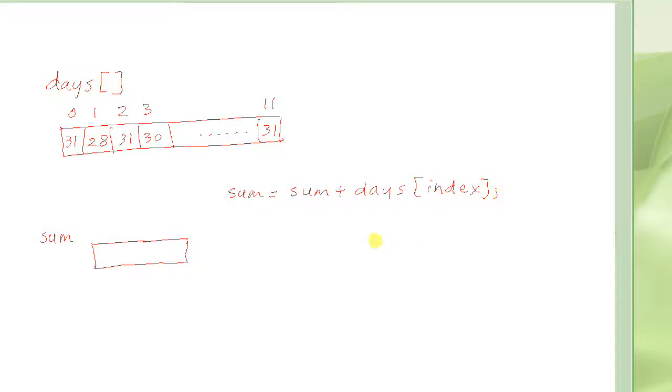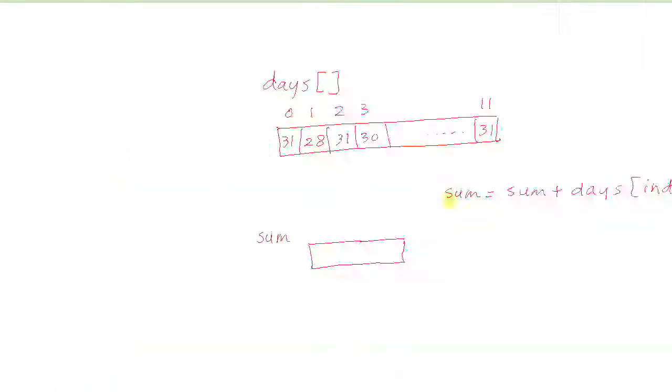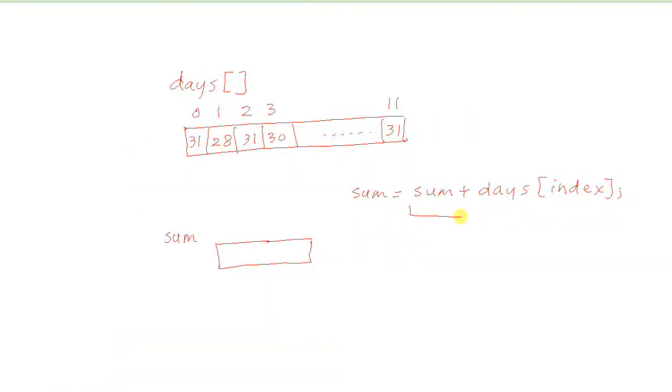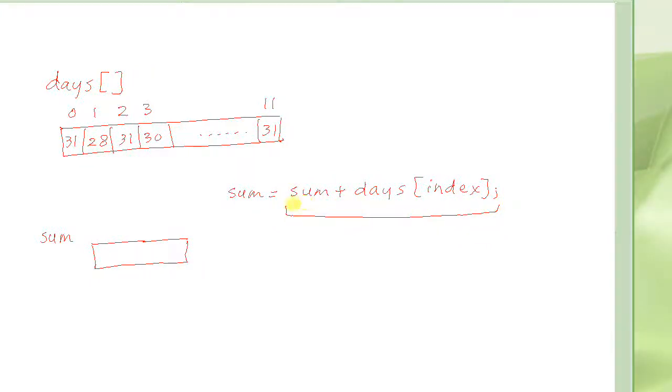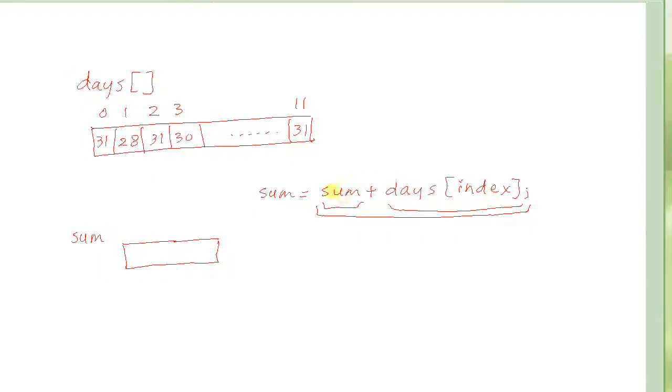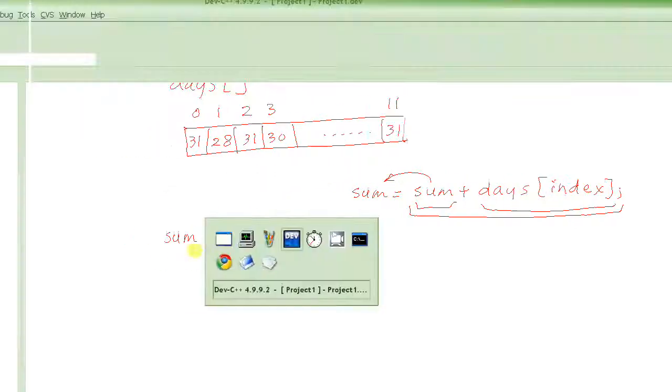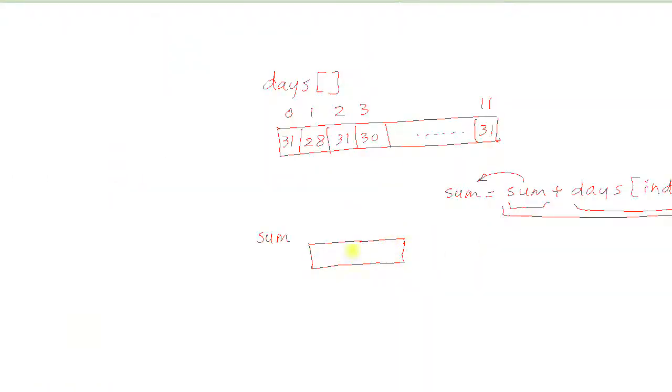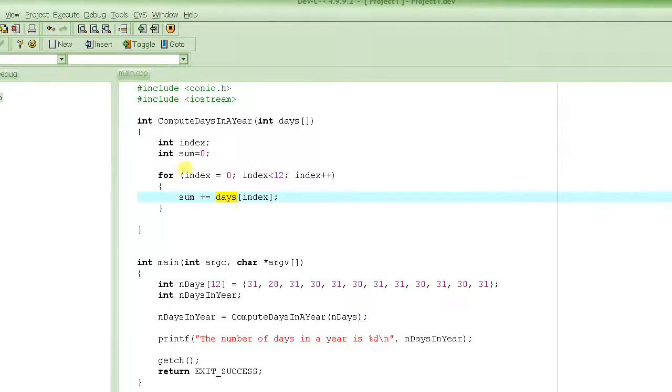This is the same statement as this, and what it says is add the current value of sum to this element, which is indexed by this variable index, for different values of index, and keep adding them and storing them back into sum so that it can be used for the next iteration of this for loop.